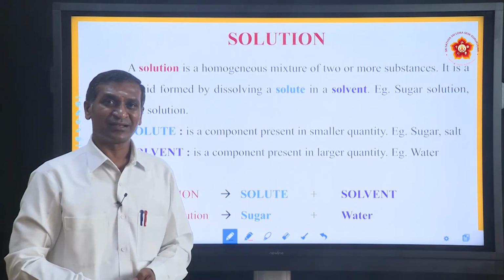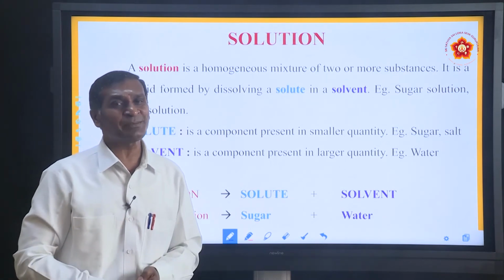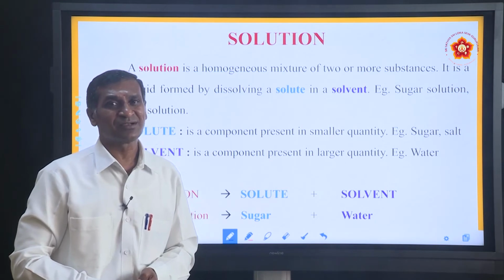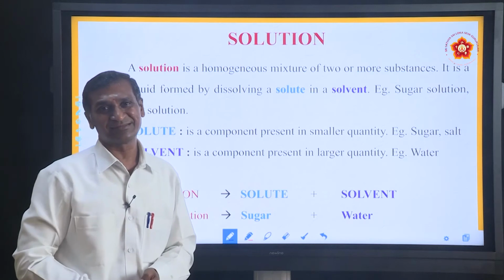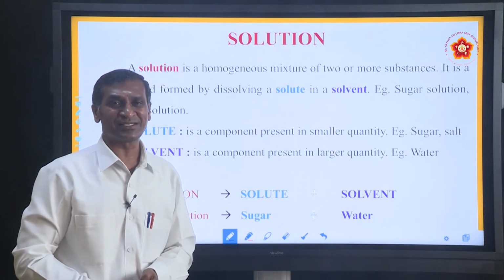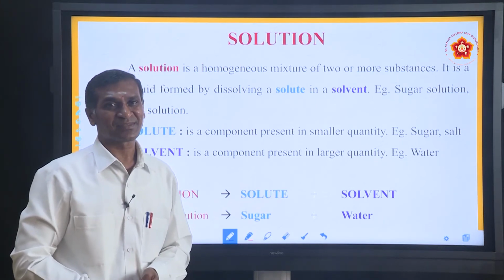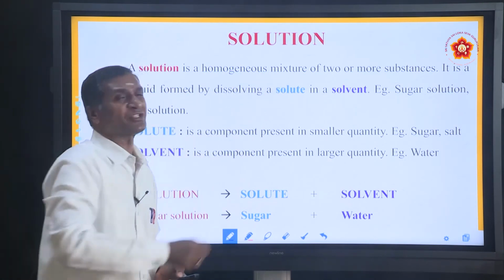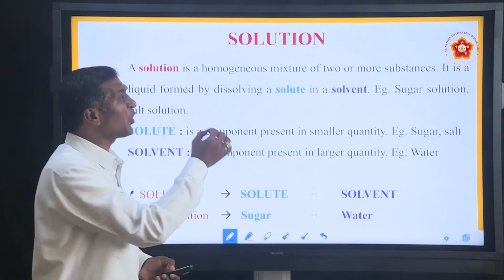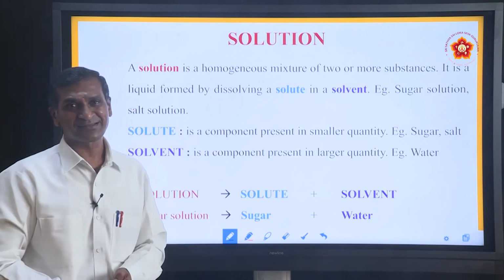Now, among the 3 simple experiments which we have observed, the first one is a solution. What is a solution? A solution is a homogeneous mixture of 2 or more substances.